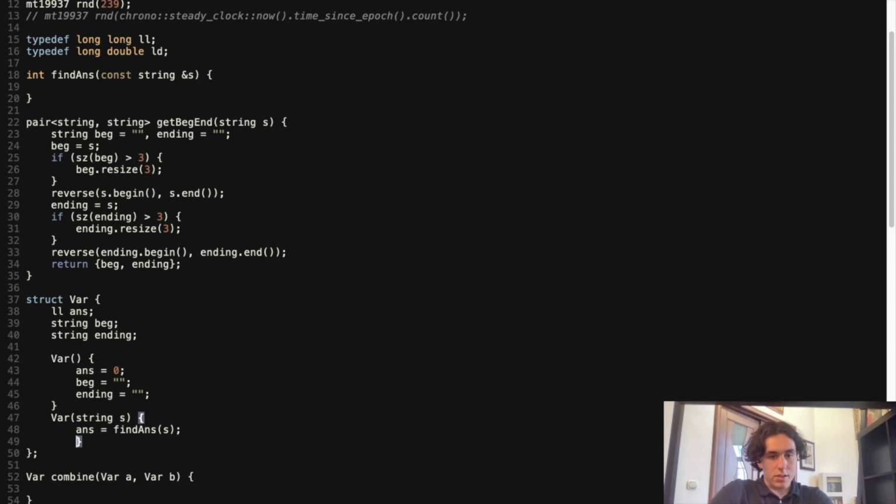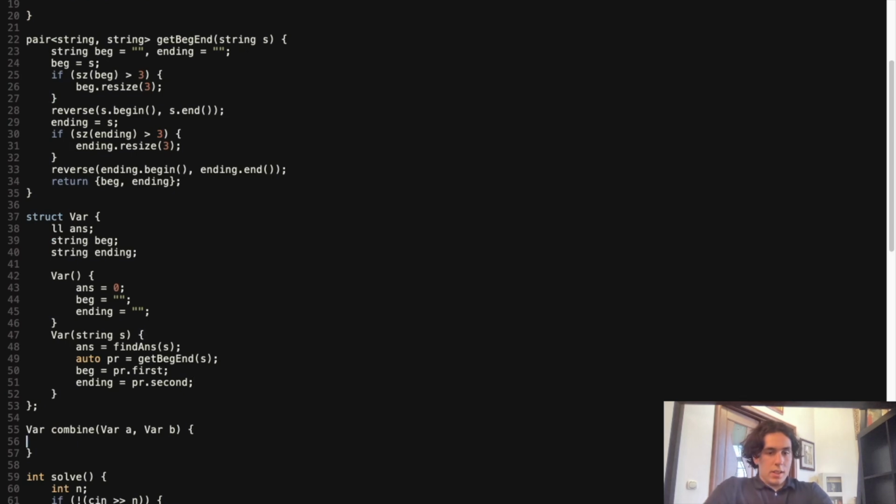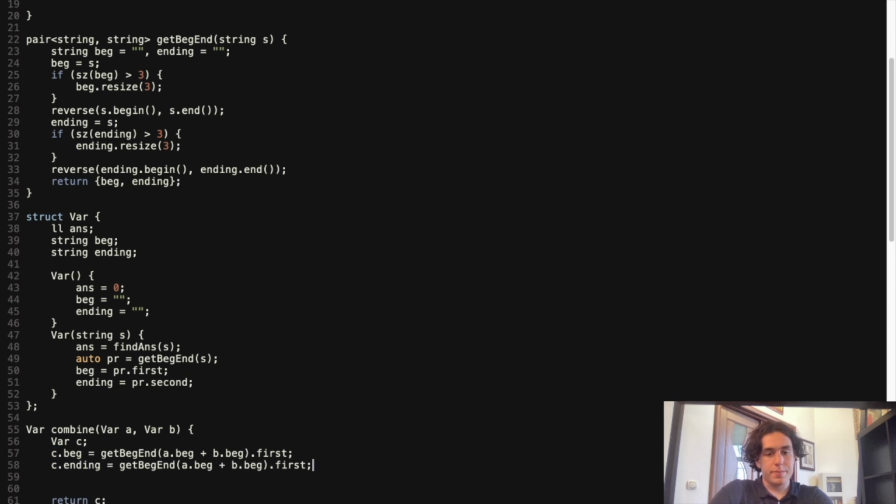Yeah, and here we say that get back and back is equal first, ending is equal to second, and in combine we take C beginning is get back and A beginning plus B beginning dot first, and ending is second for ending and ending.